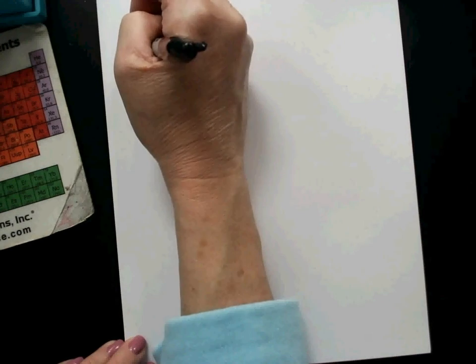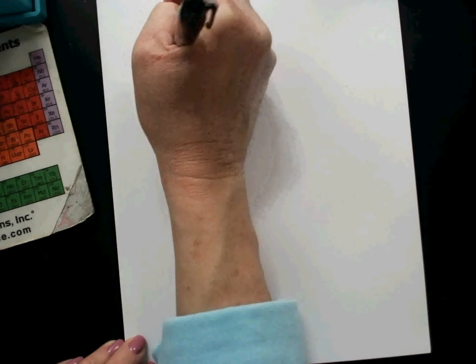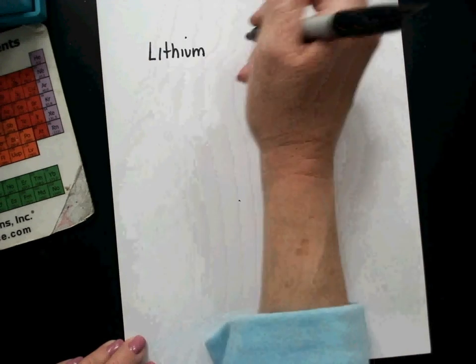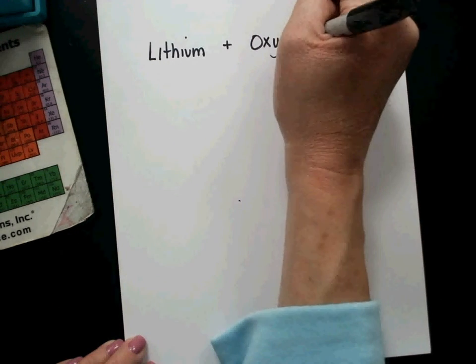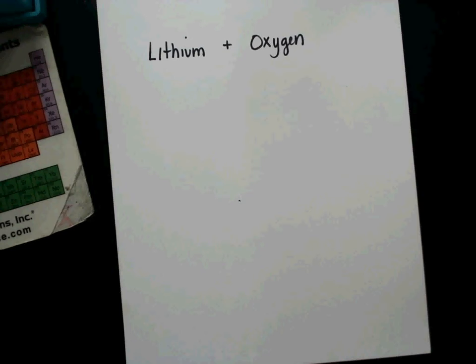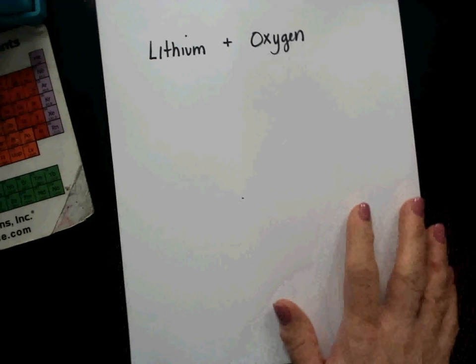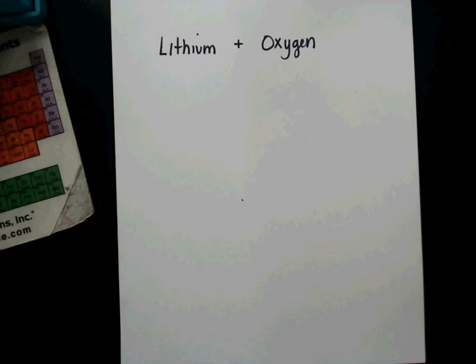Now, I'm going to have you try one. Let's say that I have a bond that's going to form between lithium and oxygen. So I want you to work through it all the way to naming it and see if you can do it. And notice there's no Roman numeral after lithium. It doesn't have multiple forms because it's an alkali metal.